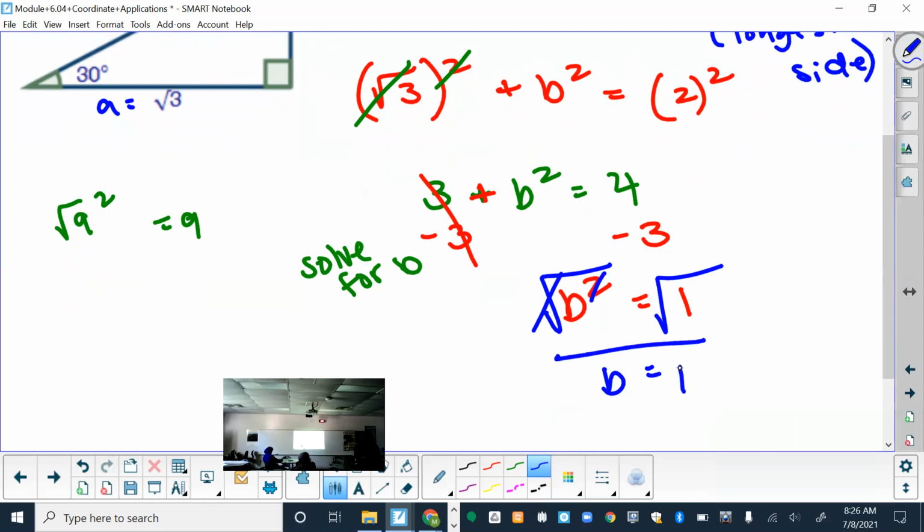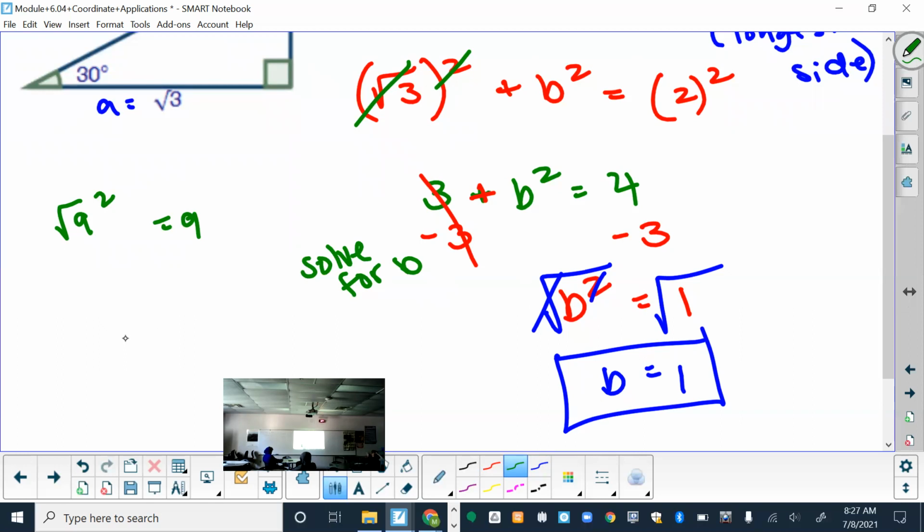It is 1. You can put that in your calculator, or just remember that square root is telling you to find the number that multiplies by itself to get that number. I think the calculator will be easier. If you don't know how to find that square root button on your calculator, let me know and I'll show you.